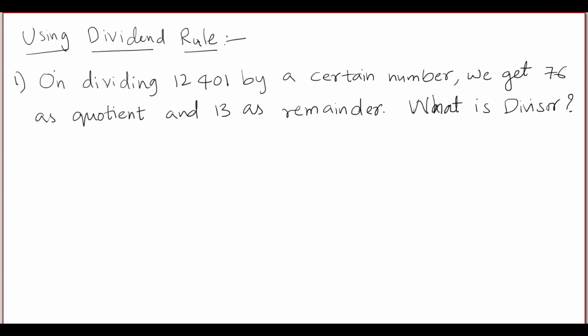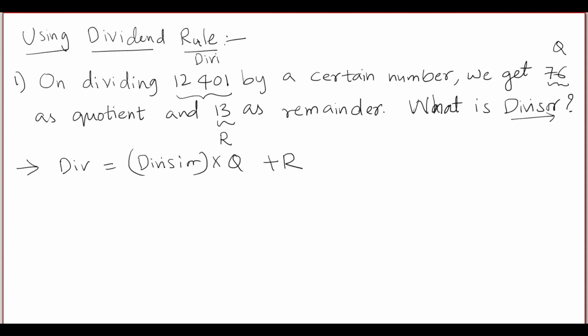Now let's see an example using the dividend rule. Okay, so on dividing this particular number by a certain number, we get this as quotient, so this is a q value, and this as remainder, so this is an r value. As you are dividing this, this is your dividend. Okay, and they are asking you to find out what the divisor is. So we know one formula, that dividend is equal to divisor into quotient plus remainder, right?